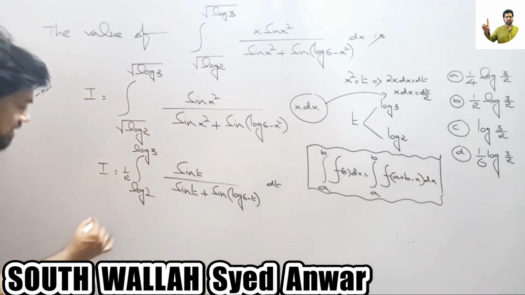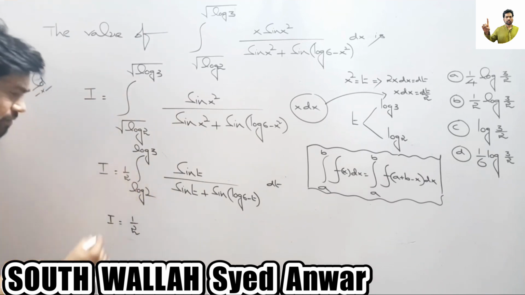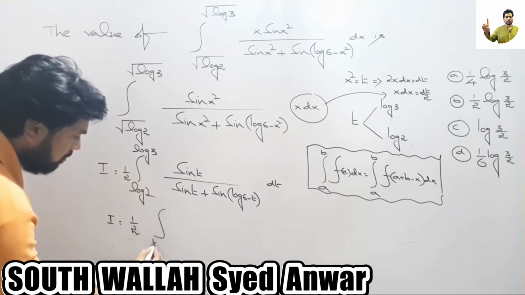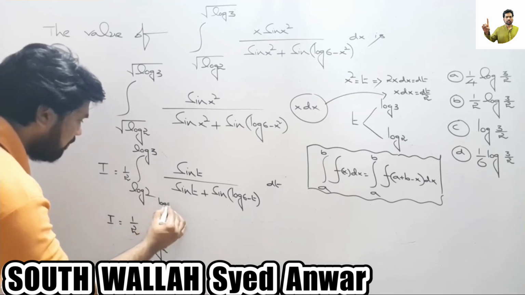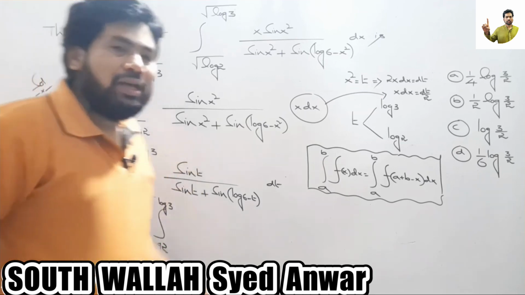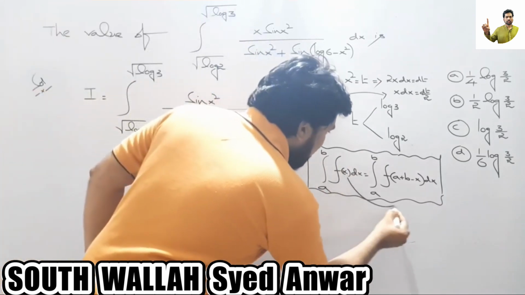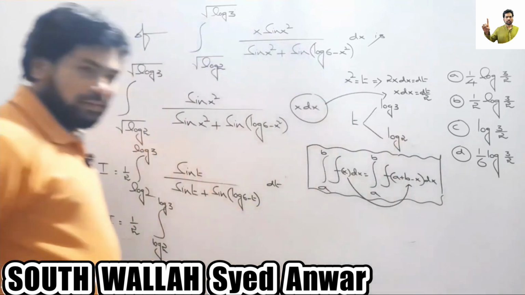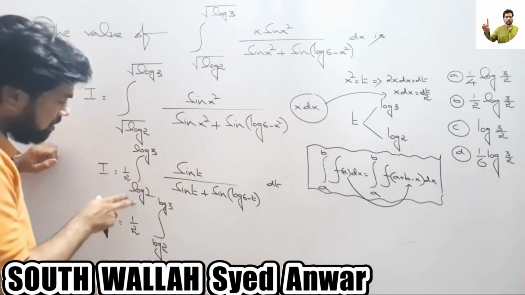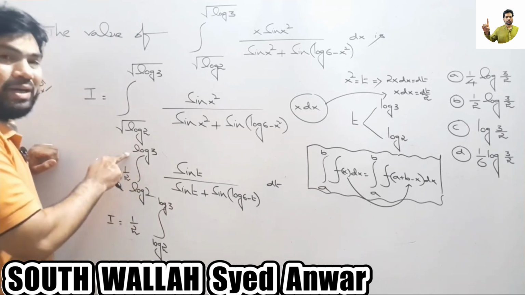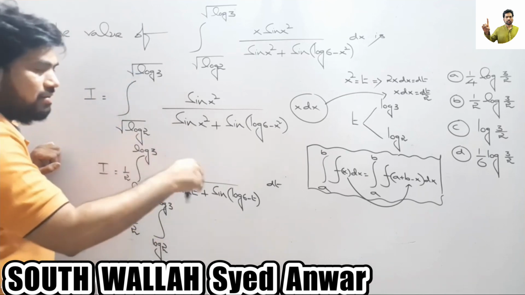Now, I is equal to 1 by 2 outside as it is, integral log 2 to log 3. In place of x, a plus b minus x should be written. So, in a similar way, in place of t, I have to write lower limit plus upper limit minus t. That means log 2 plus log 3 minus t.